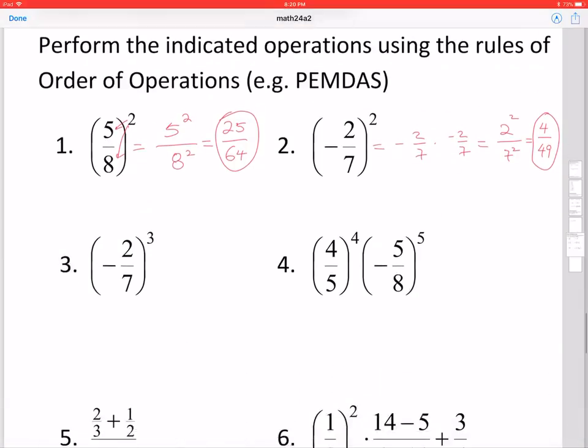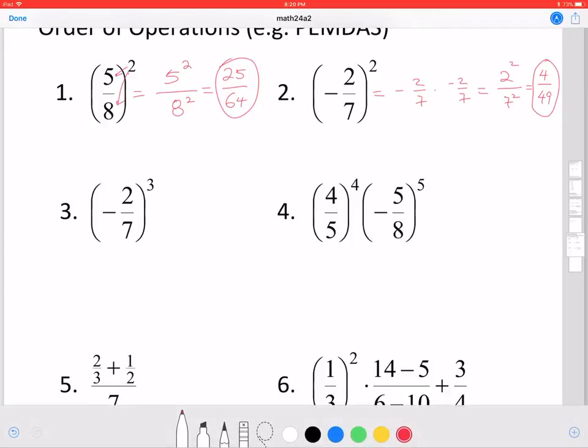And number three, we have a problem that is very similar to number two, except now the exponent is 3 or cubed. And I want you to see the difference when you square a negative or when you cube a negative. So here we have a negative 2/7 multiplied 3 times here.